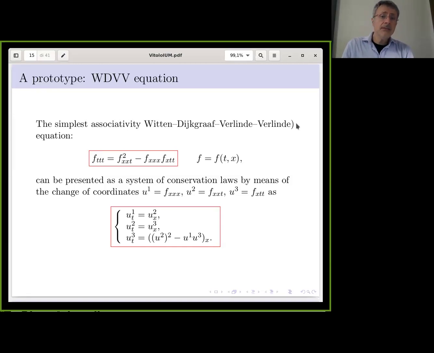So basically this equation is an equation whose solutions correspond to integrable systems, at least in certain particular contexts, under certain hypotheses that I do not want to discuss here.